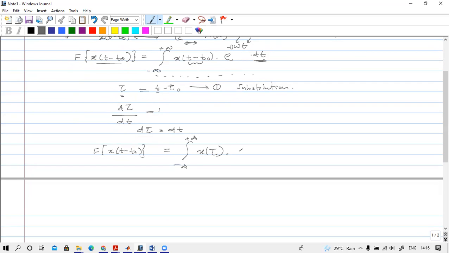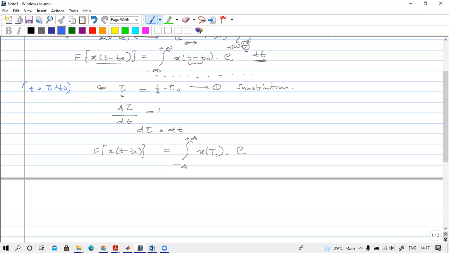Now I am going to remove the t terms from this identity. For this t, from tau equals t minus t naught we can get t is equal to tau plus t naught.